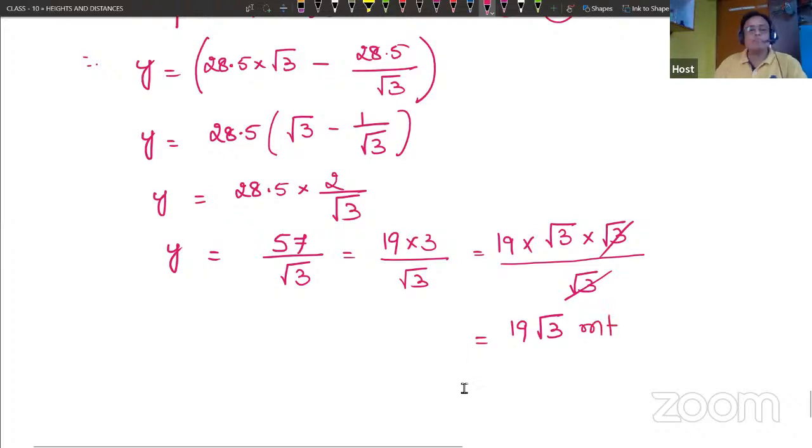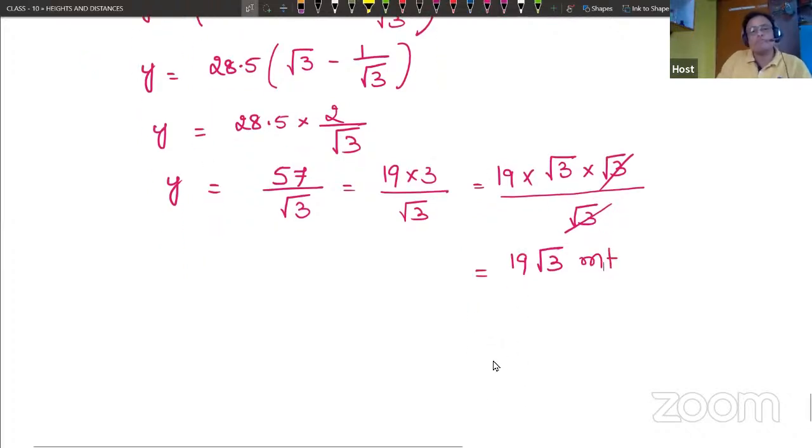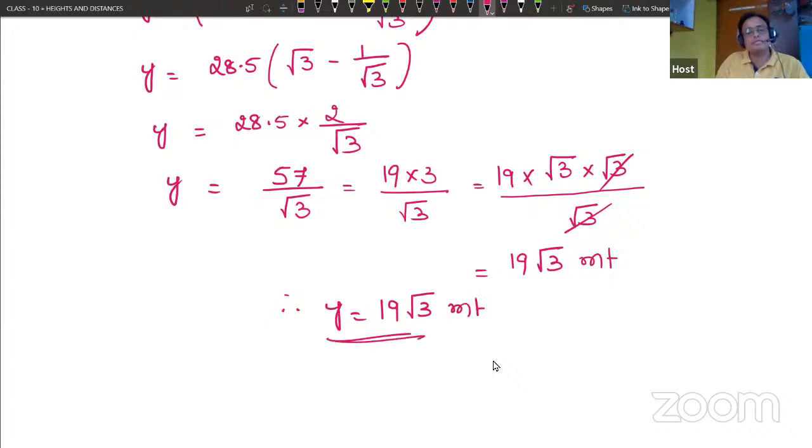So y is equal to 19 root 3 meters. That is the distance the boy walked towards the building.